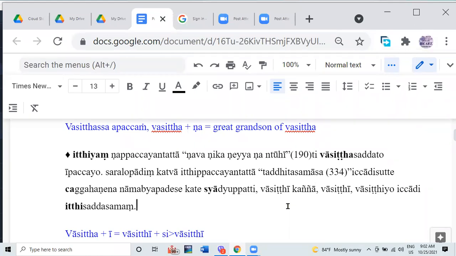But these three are not added randomly after nouns. They cannot be added like this.